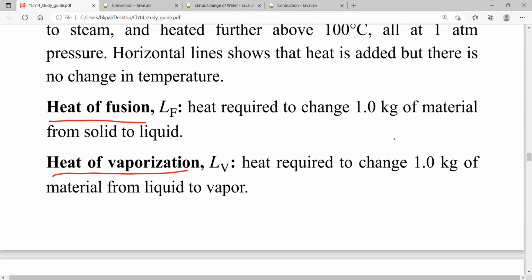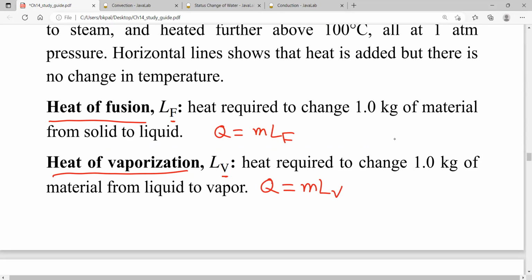Sometimes we use the subscript F for heat of fusion and subscript V for heat of vaporization, to differentiate between them. So in this case it will be Q = mL_F, and in this case Q = mL_V. This heat is sometimes also called the latent heat.